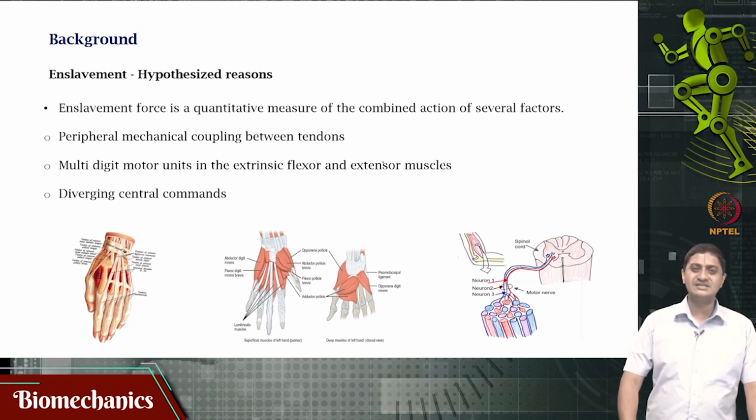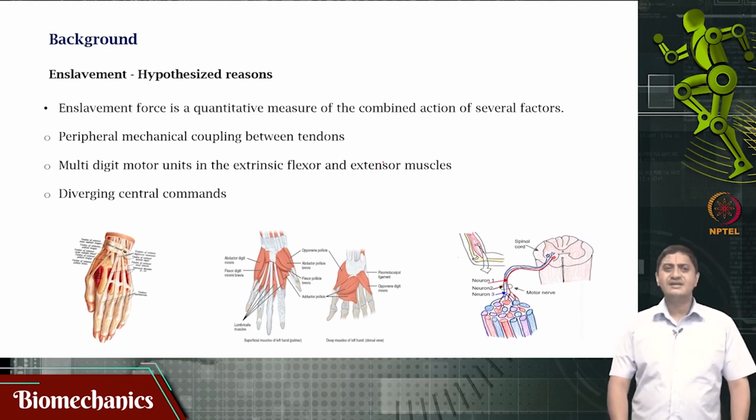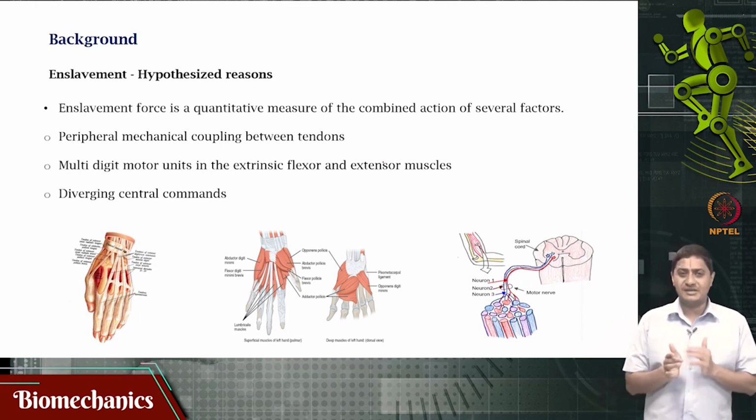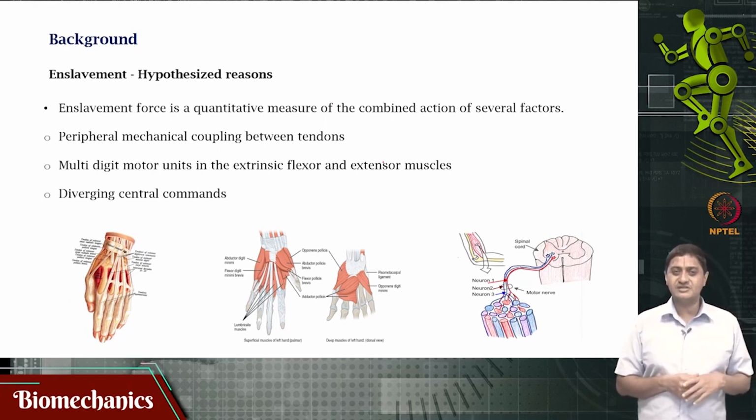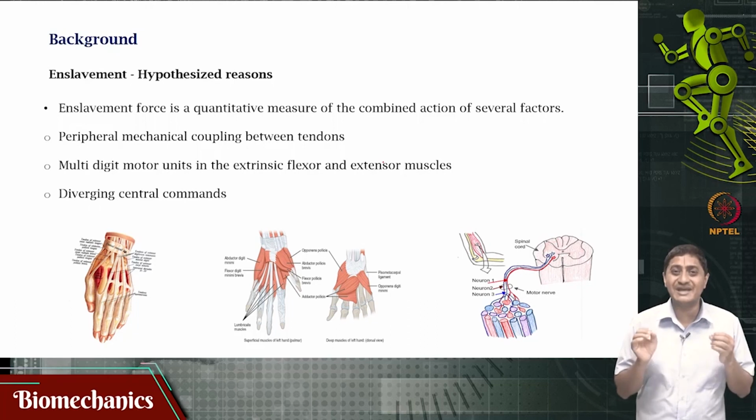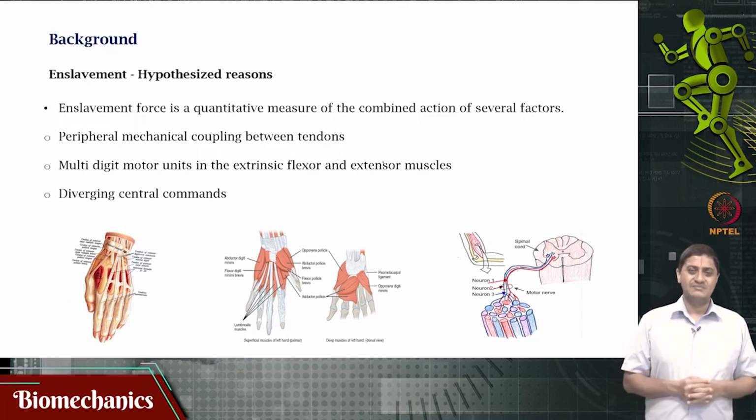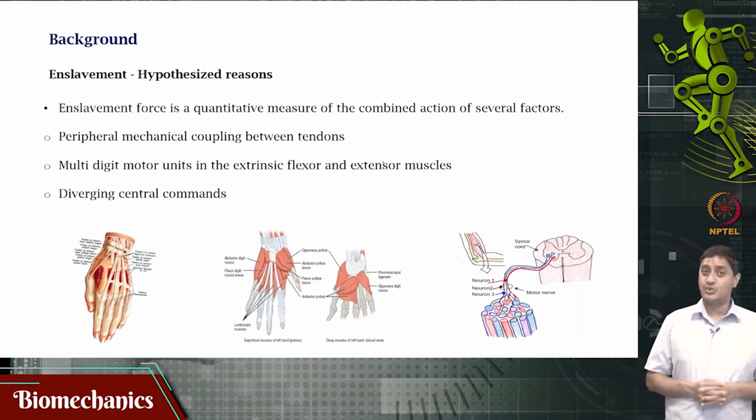We said at least 3 different reasons. One is, there can be mechanical coupling between tendons. There can be shear force transmission between tendons and other such things. When one tendon is moving, the other tendon is also moving purely because of mechanical reasons. Mechanical coupling between tendons, that is one possibility.